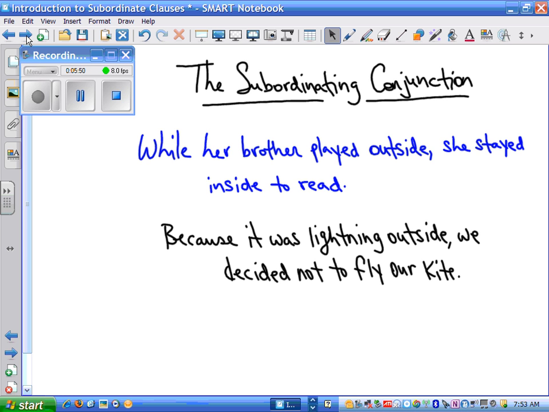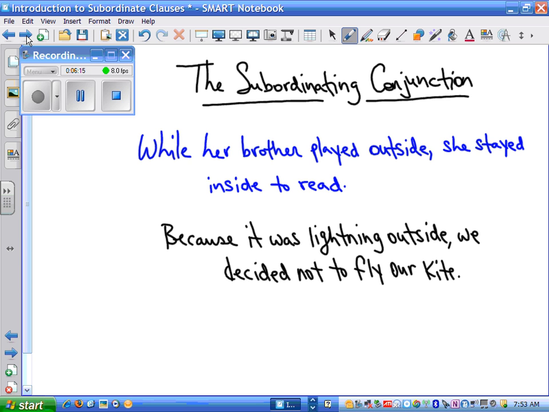One of the neat things about these kinds of clauses is that we can often move them around. So when we see that we can move them around, we recognize that we can write a variety of sentence types. So our writing isn't boring. Because who wants a boring piece of writing? Not I, and I believe not you either.